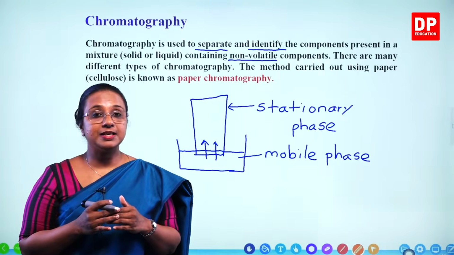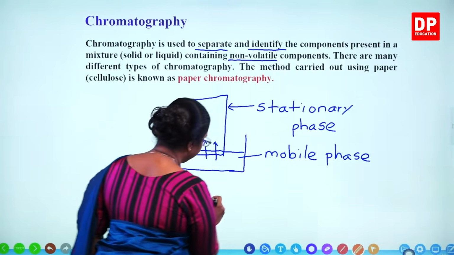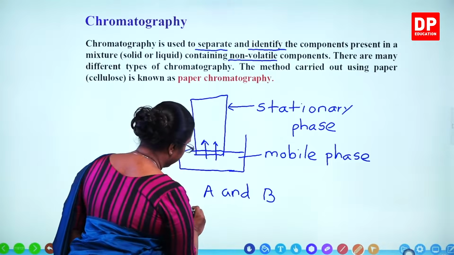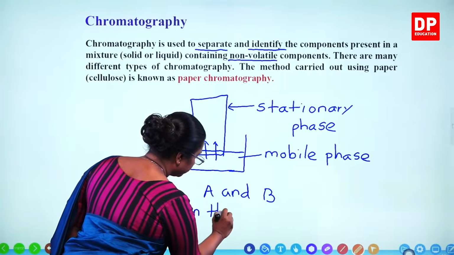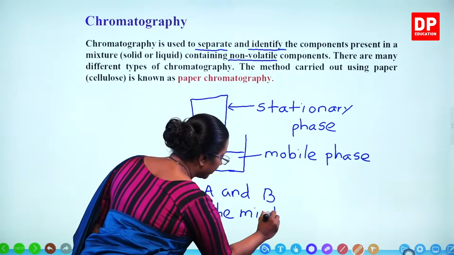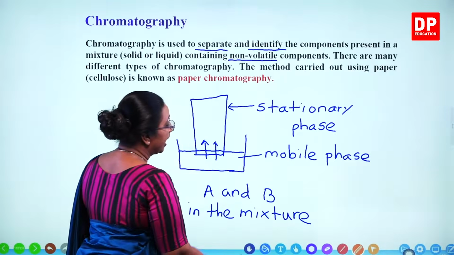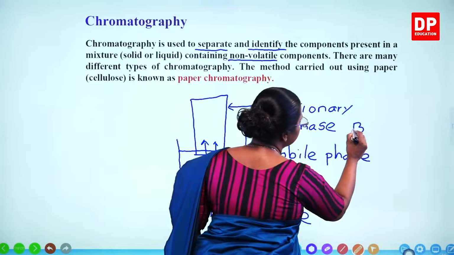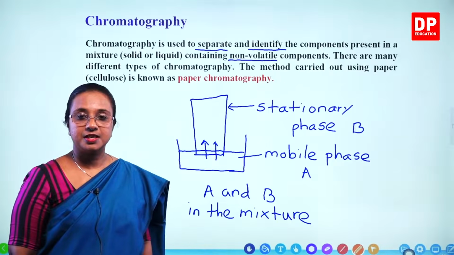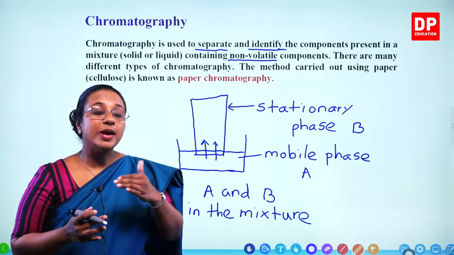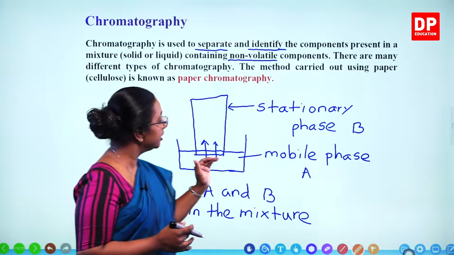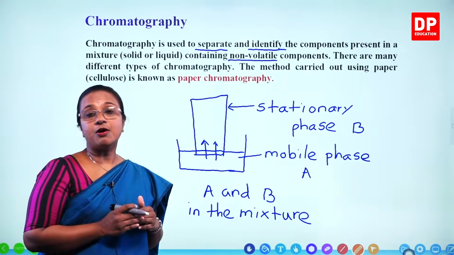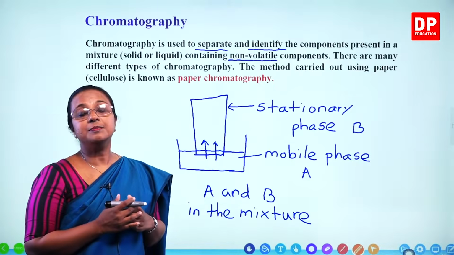So, let's say we have components A and B in the mixture. A and B are the components present in the mixture. A prefers the mobile phase and B prefers the stationary phase. So, when the mobile phase, that is water here, moves along the paper, component A of the mixture will move along the paper as well.